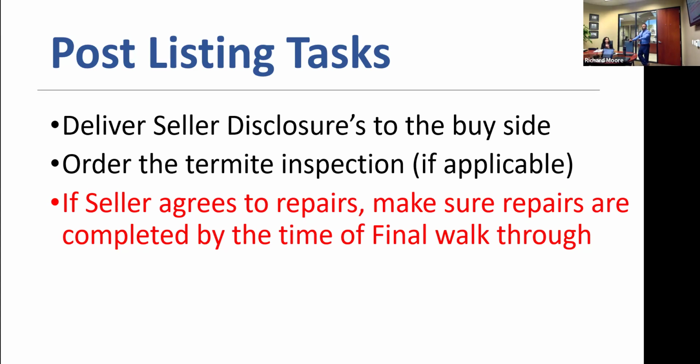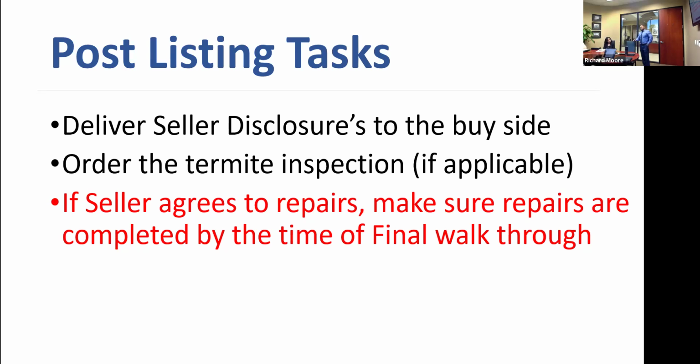They might say, nope, let's just move forward. Or they might say, yeah, I want this fixed, I want that fixed. Then they submit a request for repairs with those items. The seller can either say, sure, I'll fix all that, or I'm not going to fix any of it, or I'll fix this and this only, but not the rest.